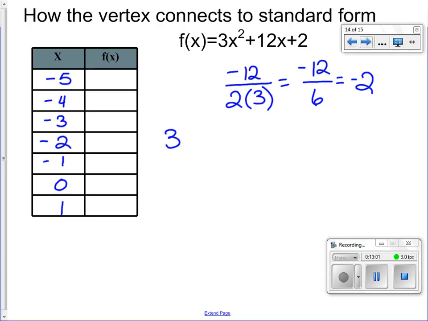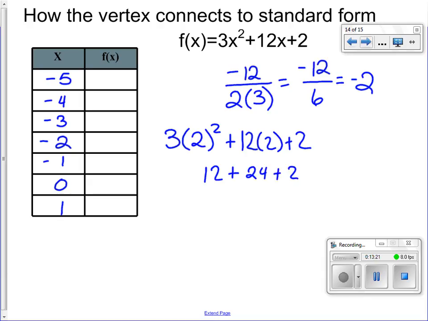So we have 3 times negative 2 squared plus 12 times negative 2 plus 2. Well, negative 2 squared is 4. So 3 times 4 will give me 12. 12 times negative 2 is negative 24. And we add another 2.